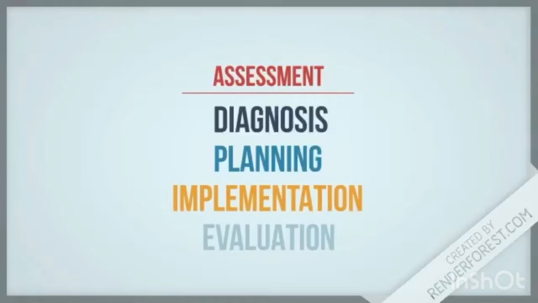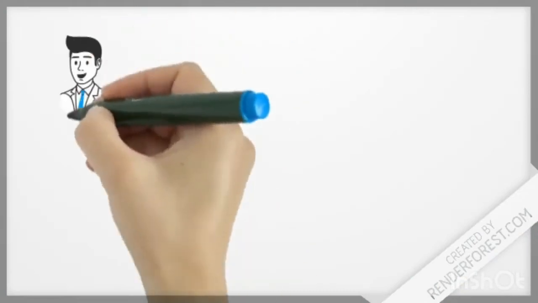The second one is the diagnosis, which is what we are about to treat. The third one is planning, which involves setting goals and then setting aims and then working towards them, which is implementation. And then the last one is evaluation, which is checking whether the goals that you set and the implementation that you put in were successful or unsuccessful.